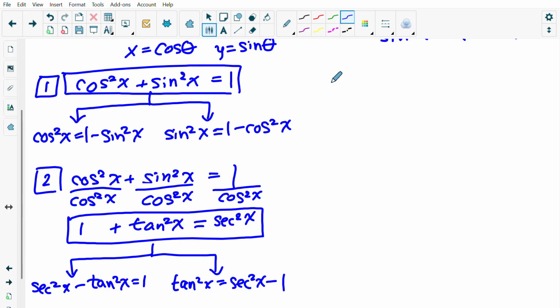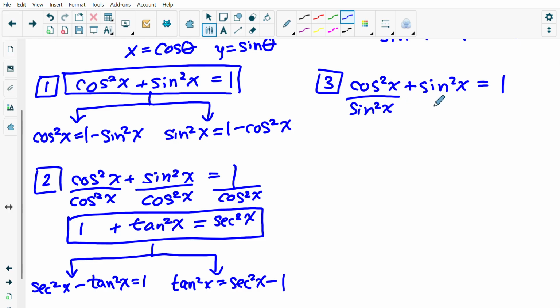Okay, number 3. If I start with my first Pythagorean identity, cosine squared of x plus sine squared of x equals 1, let me divide everything by sine squared of x. And where does that get us?